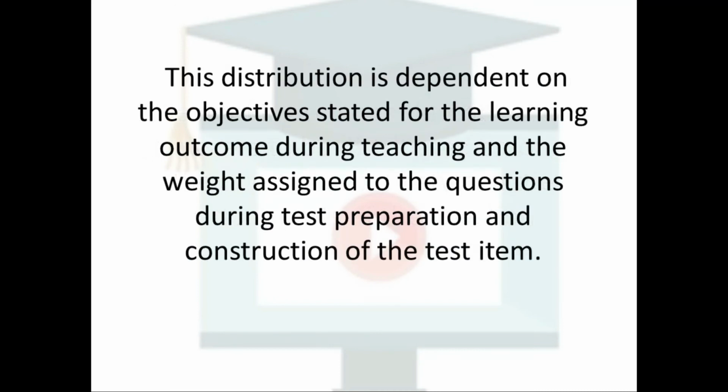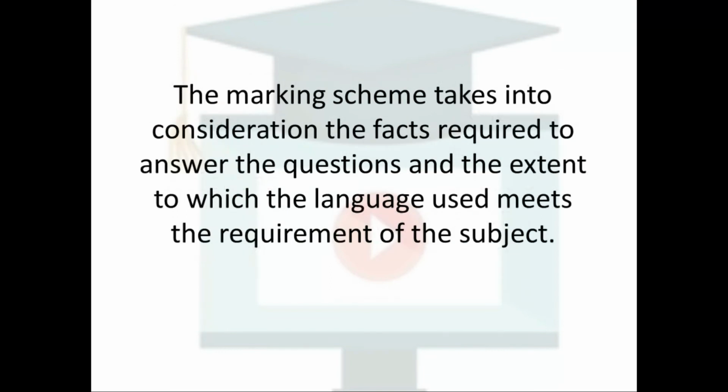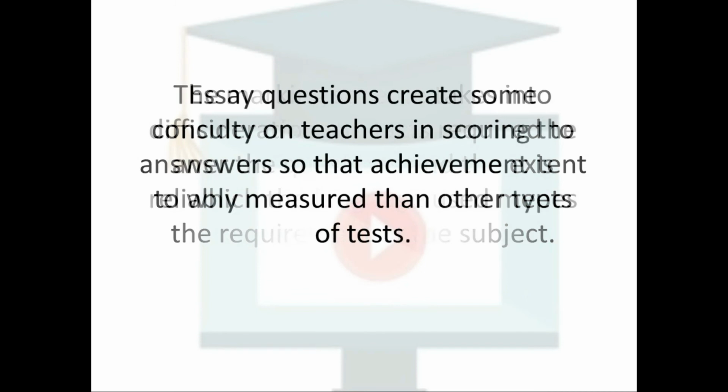This distribution is dependent on the objective stated for the learning outcome during teaching, and the weight assigned to the questions during test preparation and construction of the test item. The marking scheme takes into consideration the facts required to answer the questions, and the extent to which the language used meets the requirement of the subject.